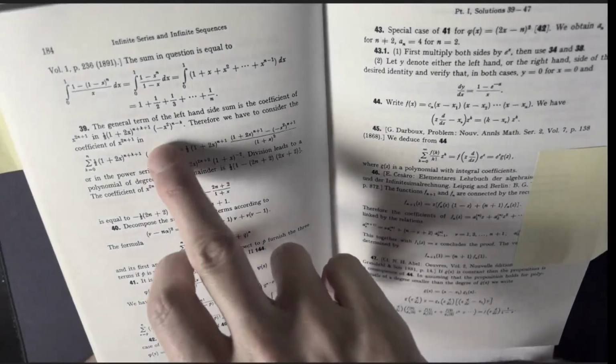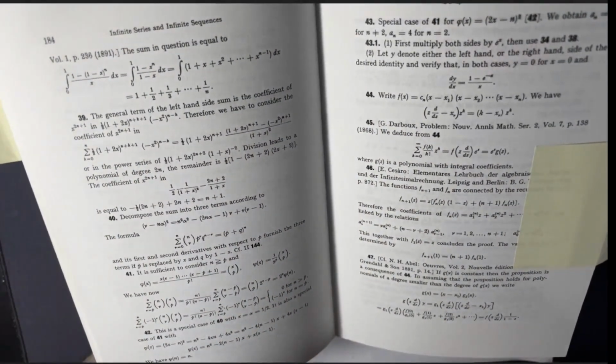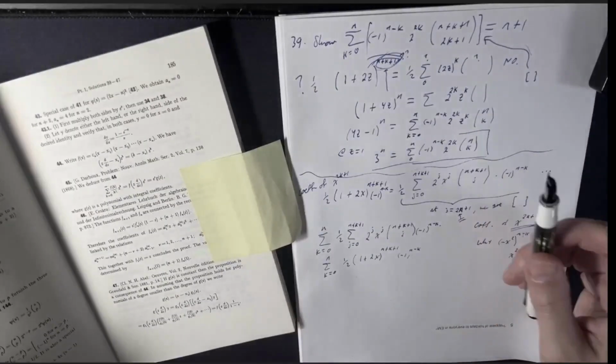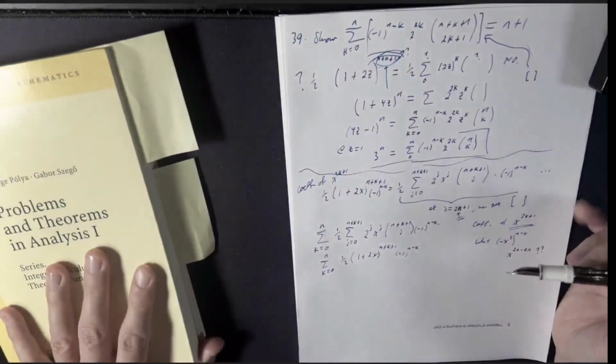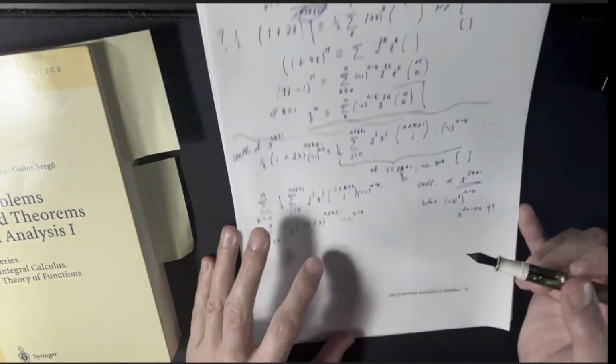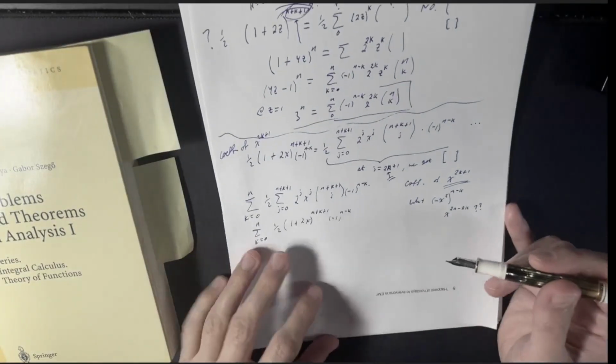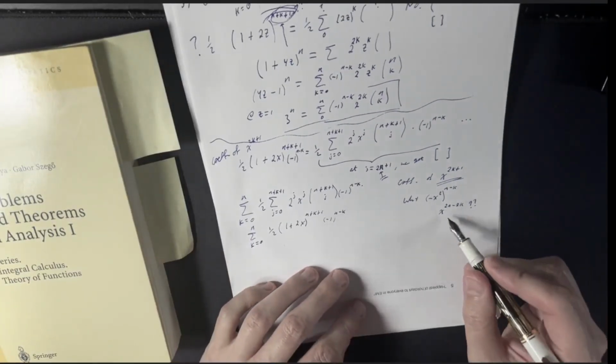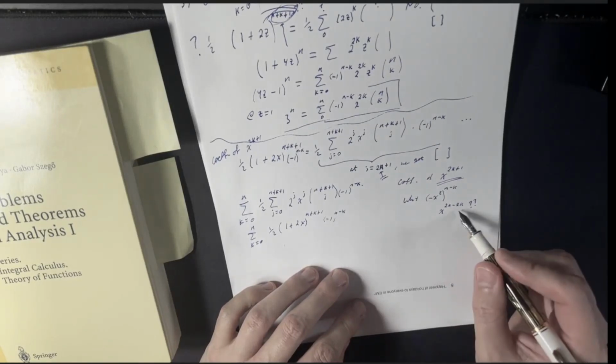Maybe this is why there's an x squared there. He's like scaling it. This is why there's an x squared there, huh? He's doing this.